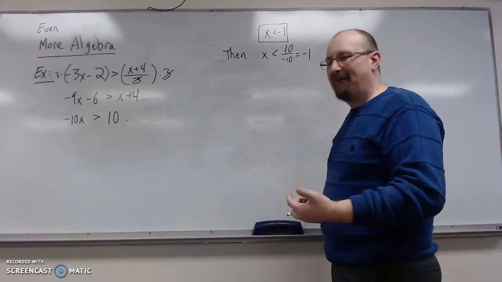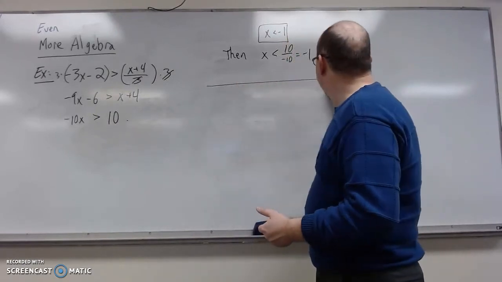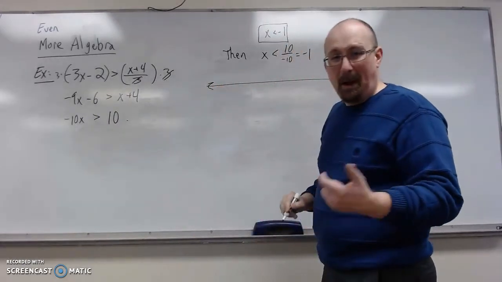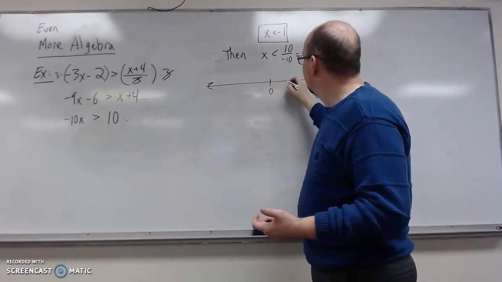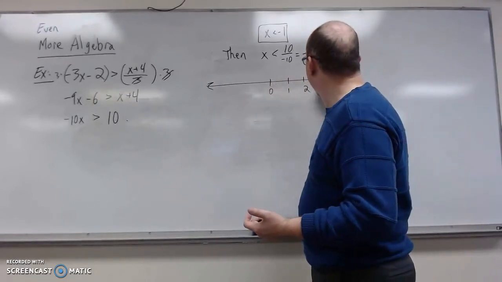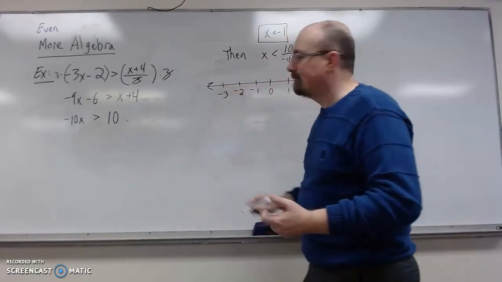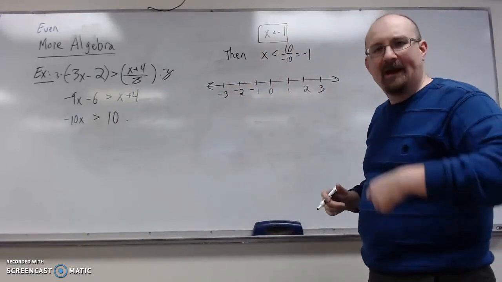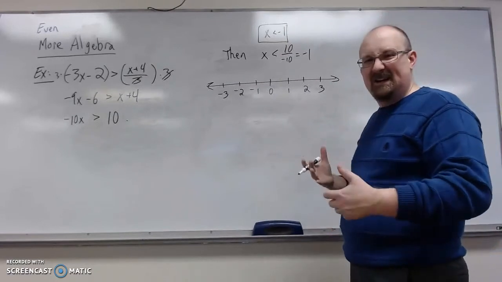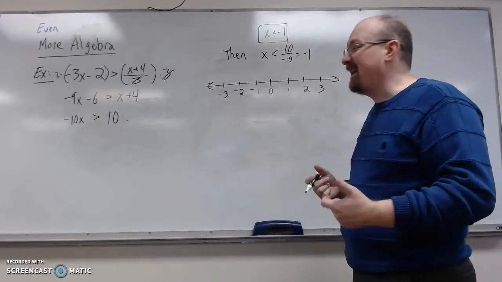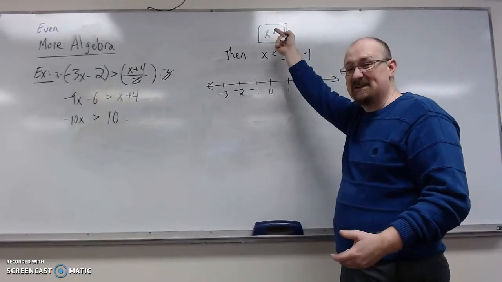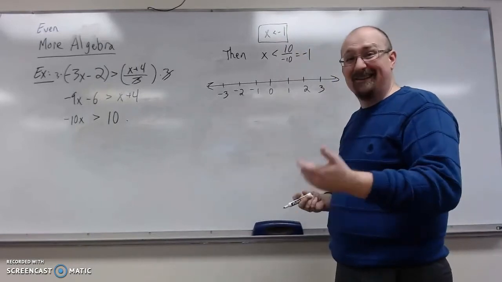Now when it says graph, the idea is we're going to graph this thing on just a plain old number line. So, all right, we've got our number line right here, and we want to basically sketch in, in a sense, all of the x values that satisfy this inequality. Well, that's everything less than -1.